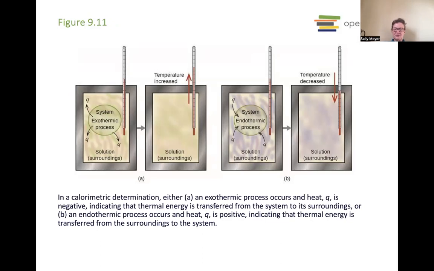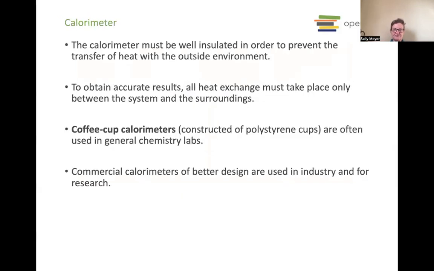And that's an exothermic process. And the temperature of the solution or the surroundings will go up. But if it's an endothermic process, whatever reaction you're studying has to pull heat out of the surroundings, the solution, and that means the solution's temperature is going to go down.